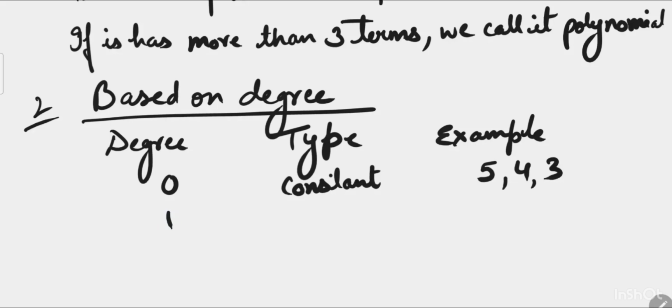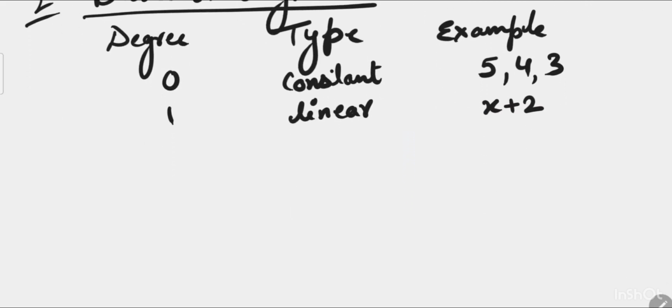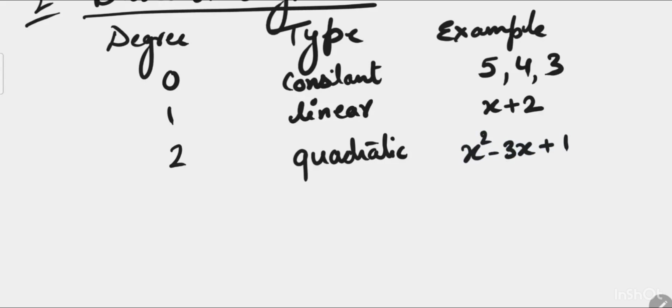Then if we have 1 degree, then it will be linear, that is x plus 2. Then if we have 2 degree, then it will be quadratic: x square minus 3x plus 1. And if it has 3 degree, then it will be cubic: x cube plus x square minus 2.